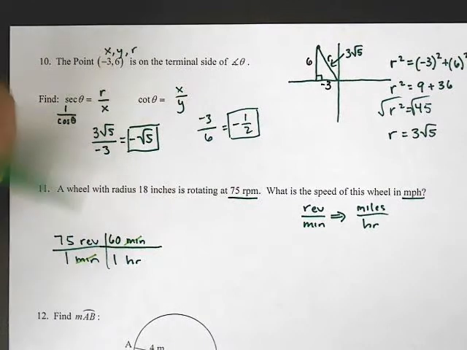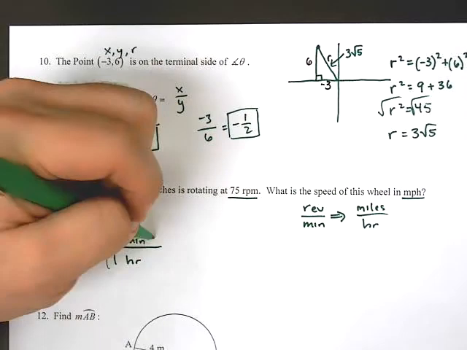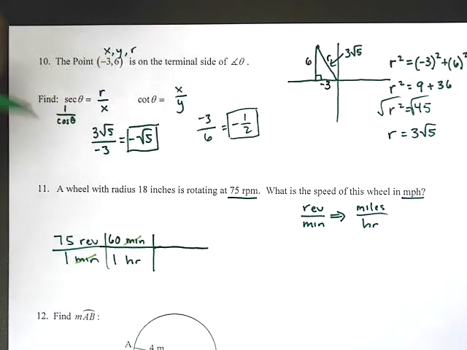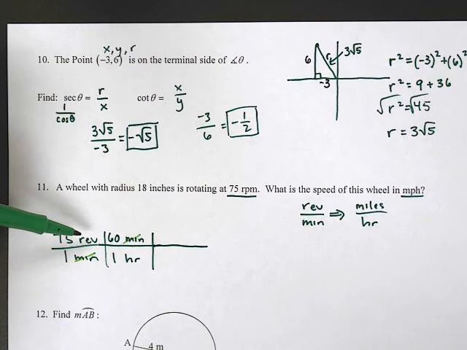Problem. We have revolutions, and we need miles. So that's going to be a little bit tough. What we would probably need to do here is convert revolutions into a circumference.